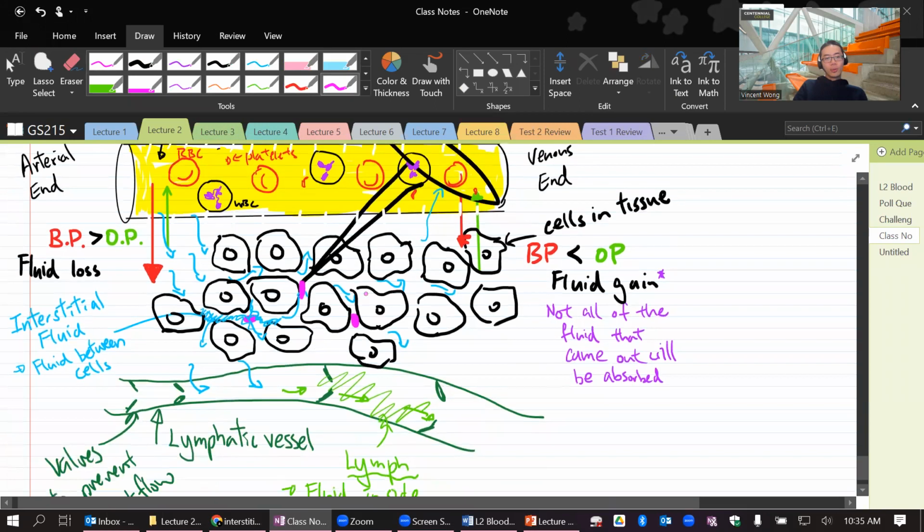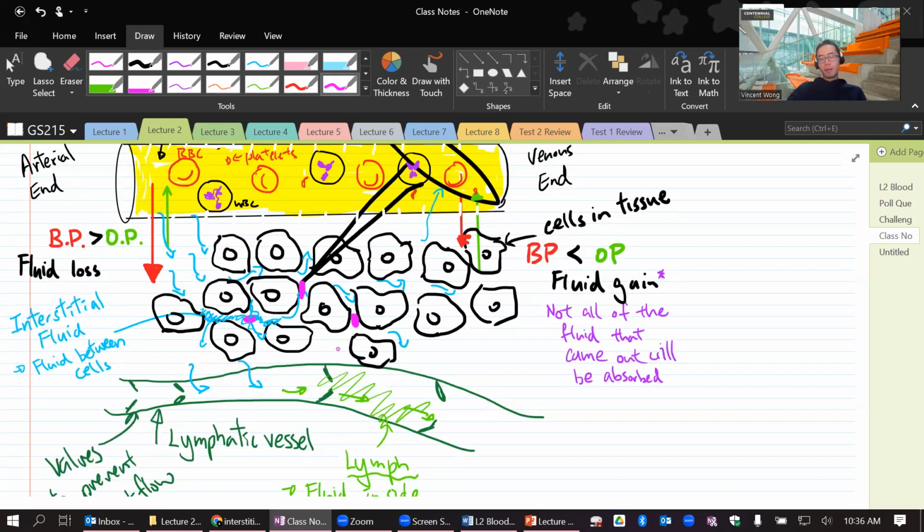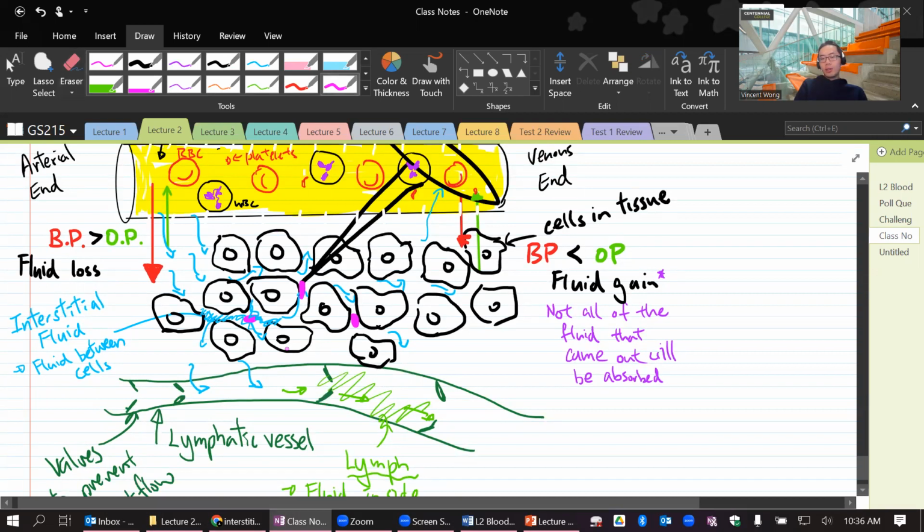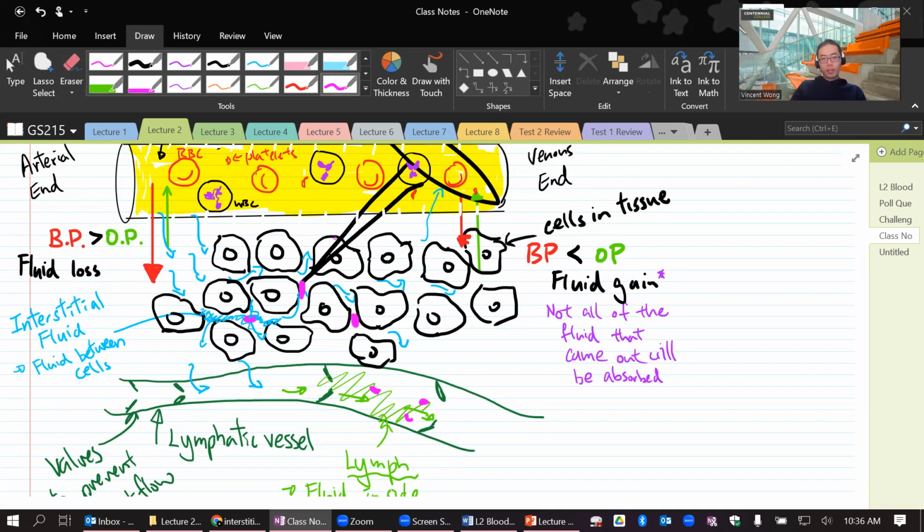The interstitial fluid might pick up some of the bacteria, or some of the products produced by the bacteria. Sometimes bacteria pump out bacterial proteins and stuff like that. And those things would then be carried into your lymphatic vessels. Not necessarily the whole bacteria, but parts of the bacteria, like I said, bacterial products.